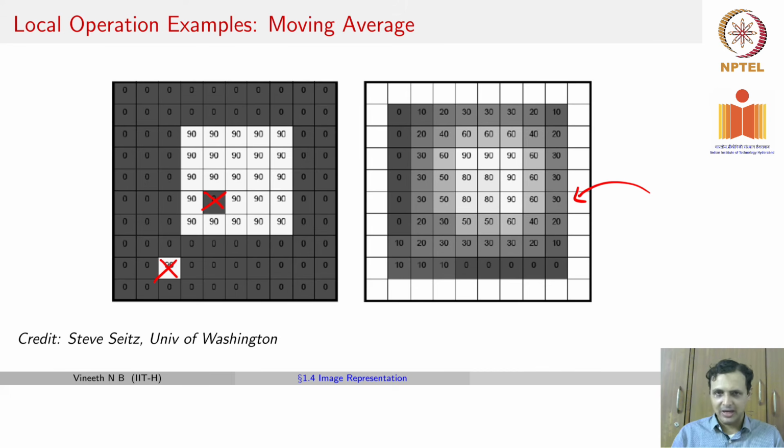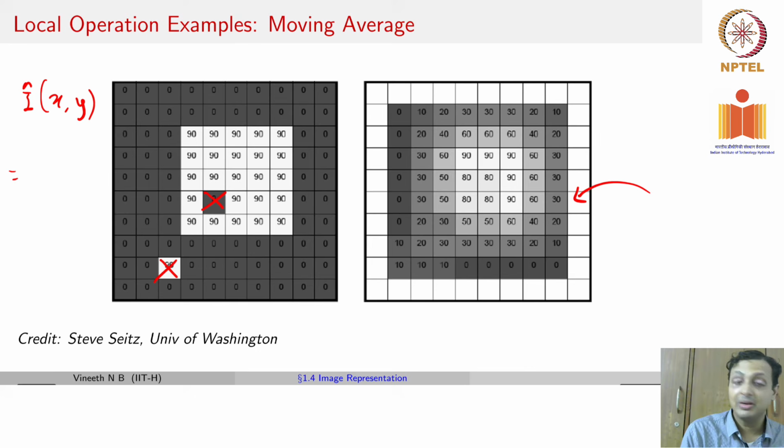So what is the operation that we did? Let's try to write out what operation we did. So we said here that I hat at a particular location, say xy, is going to be, you're going to take a neighborhood, which means you're going to take the same location in your input image and go from x minus some window k to x plus some window k.